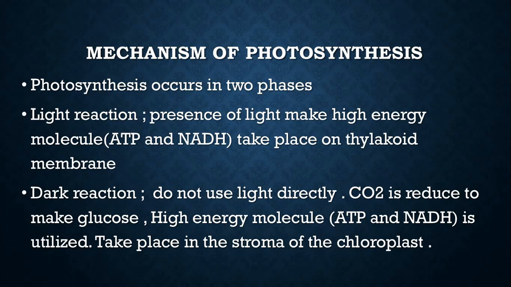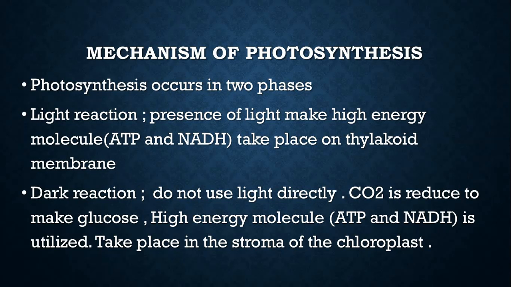Mechanism of photosynthesis. Photosynthesis occurs in two phases: light reaction and dark reaction. Light reaction, meaning day reaction, occurs only in the day. Dark reaction occurs in the night. In the light reaction, light is directly used. In the dark reaction, light is indirectly used.